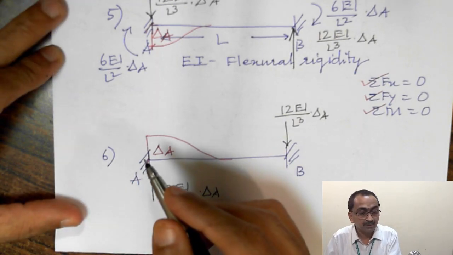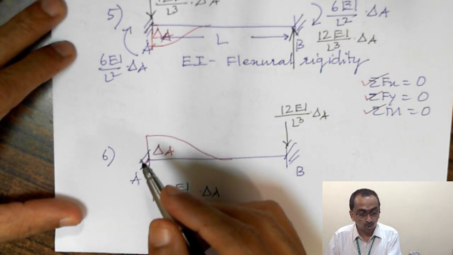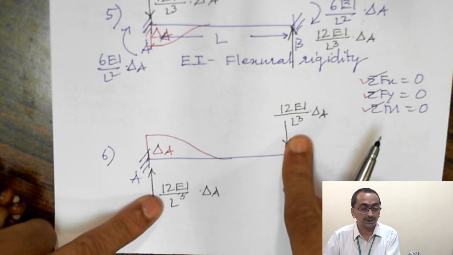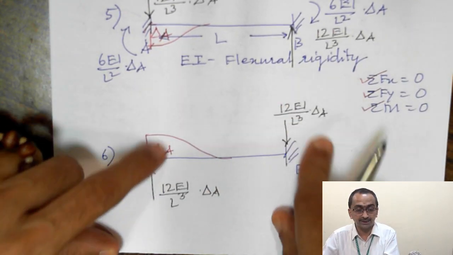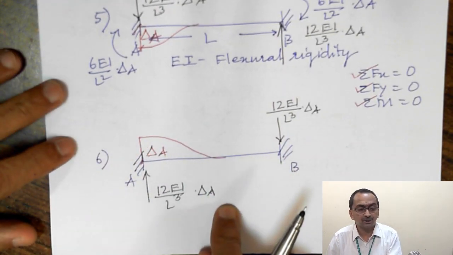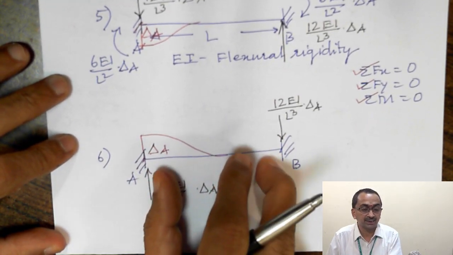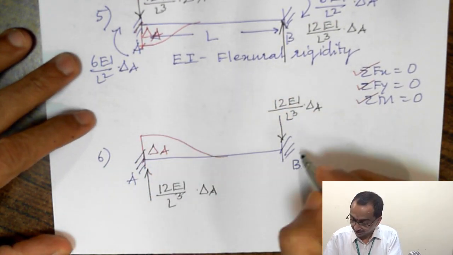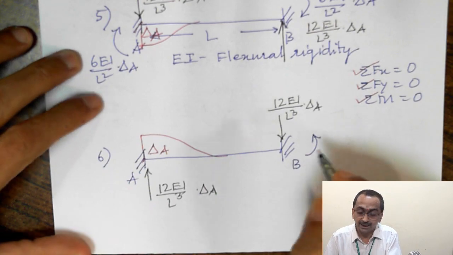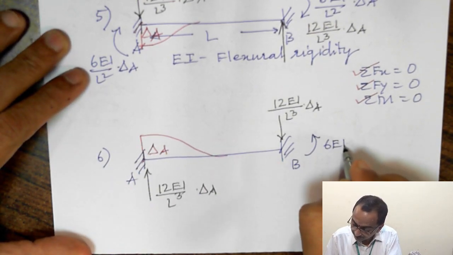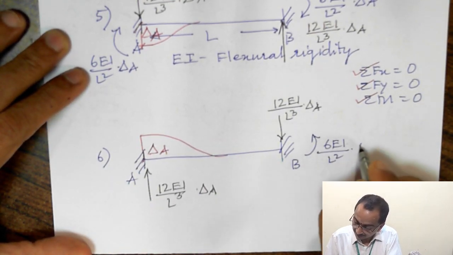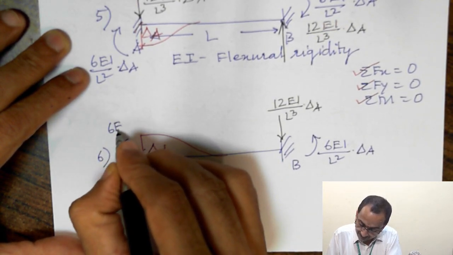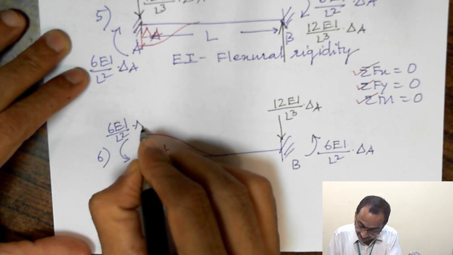We require a set of moments to counterbalance it, because if we allow only these forces to act, they will try to rotate this beam in clockwise direction, which is not a good sign, because we want this structure in static equilibrium. So there must be a set of anti-clockwise moments of the magnitude 6EI/L² into delta A and 6EI/L² into delta A.